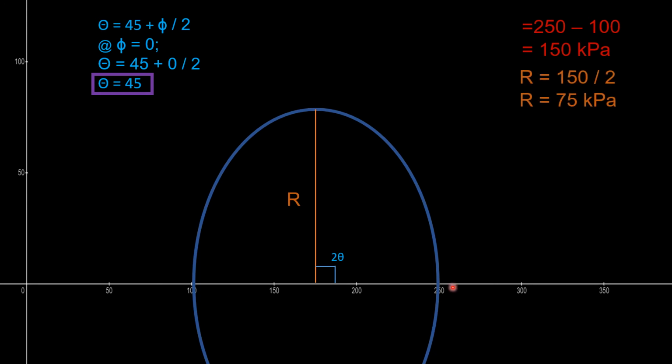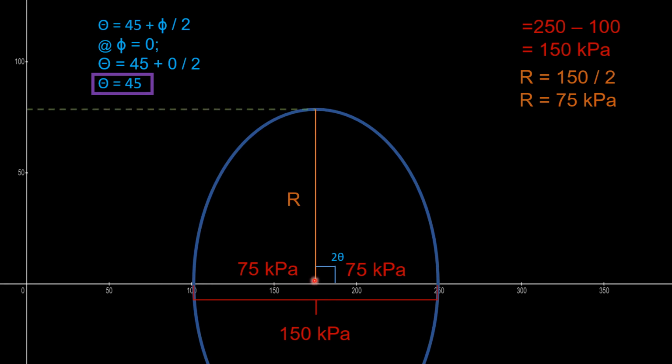After that, 150 divided by 2 is equal to 75 kilopascals, which is the value of our R here, as you can see. And this is our Su, or the maximum shearing force. From 0 to here, which is the value of R, that's our maximum shearing force, which is 75 kilopascals. And that's the second question of the problem.